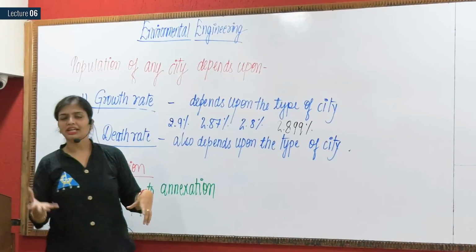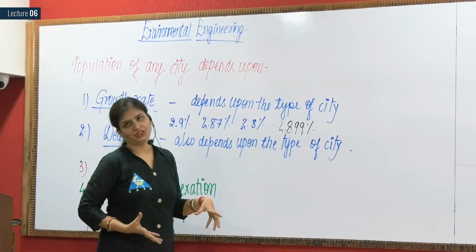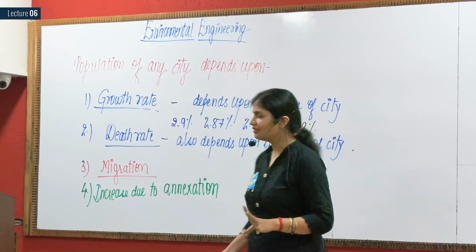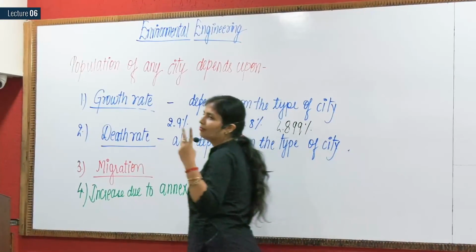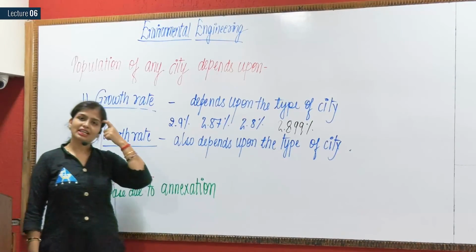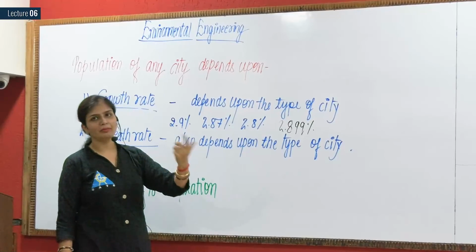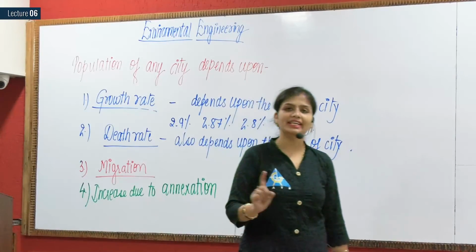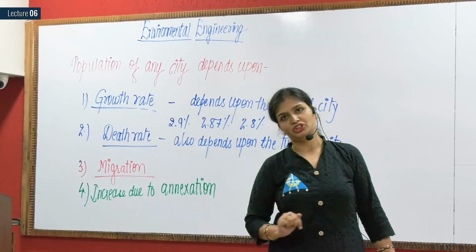So of course it affects the population. For sure it affects the population. On a broader basis, we take all these four: growth rate, death rate, migrations, increase due to annexation, fine. But still, if anybody asks you, do this pandemic, epidemic, emergencies affect the population of a city? Yes, they do affect the population of a city.